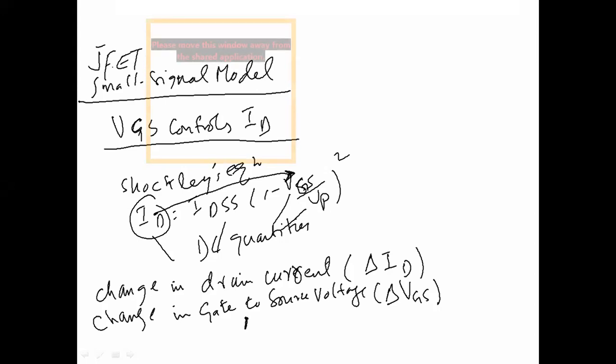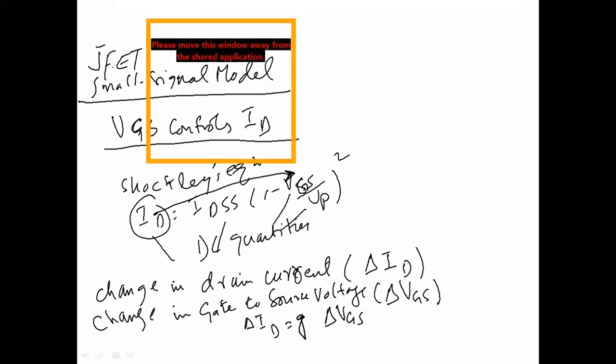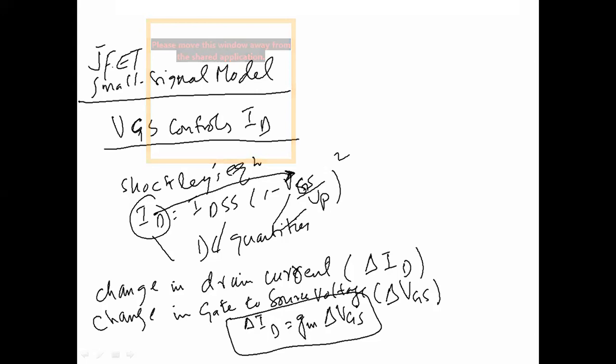So delta ID is equal to gm times delta VGS, and this phenomena is gm, transconductance. So change in drain current and change in gate to source voltage, delta ID is equal to gm delta VGS. And this delta ID and delta VGS, they are observed with respect to Q point or operating point. Keep in mind.